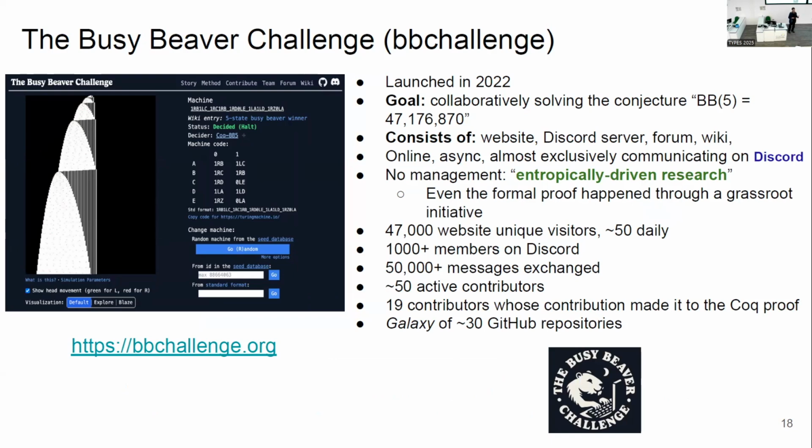It was sort of entropically driven, people making discoveries and just working on what they wanted to make the problem go further. Today we have about 1,000 people on our Discord server, and around 50 people that are really active and work on this problem day and night.